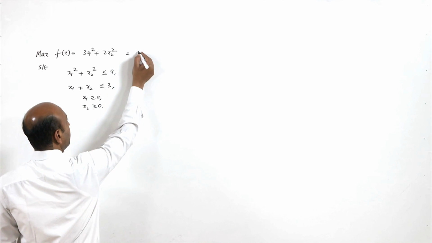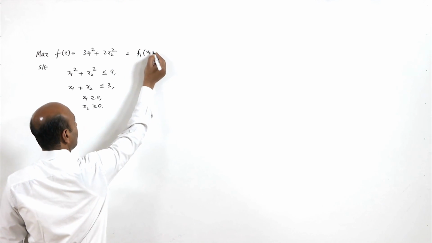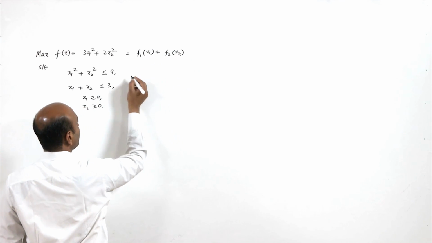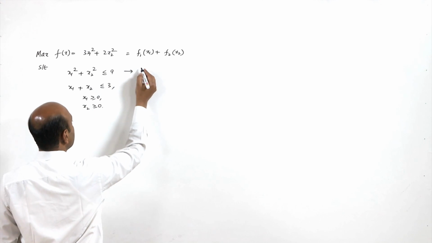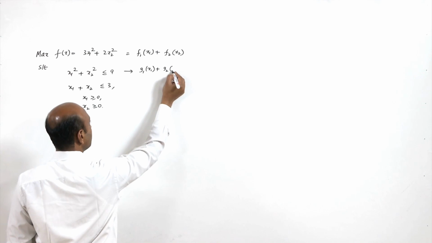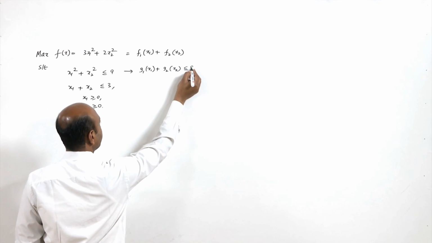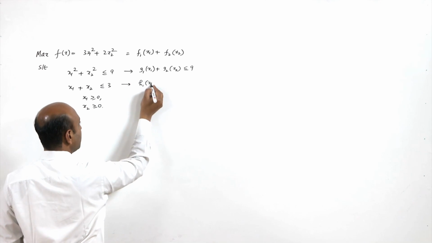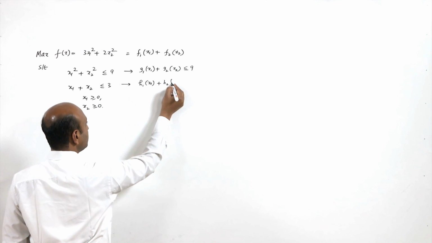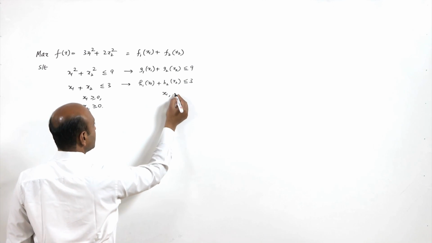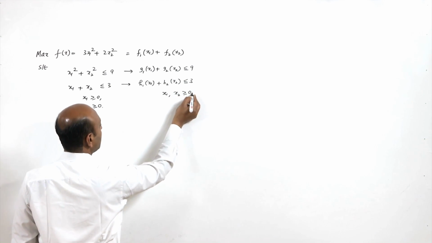Now, the objective function can be rewritten as f1(x1) plus f2(x2). This constraint can be rewritten as g1(x1) plus g2(x2) less than or equal to 9. This constraint can be rewritten as h1(x1) plus h2(x2) less than or equal to 3, and the non-negativity condition you can leave as it is.